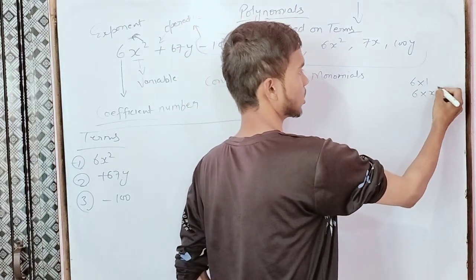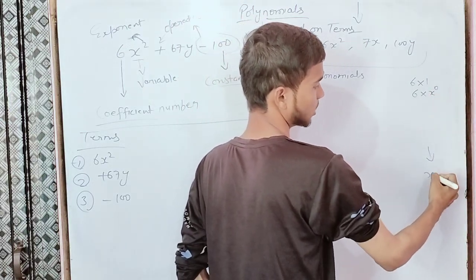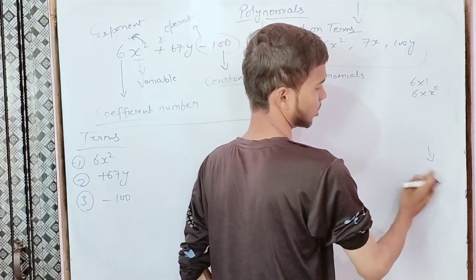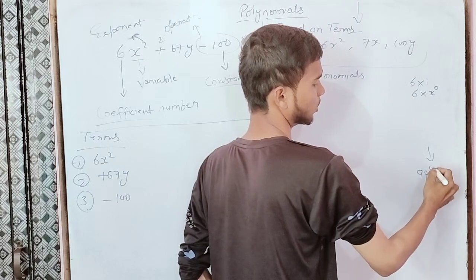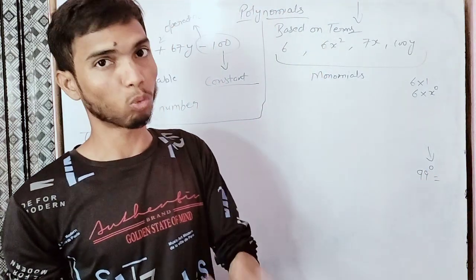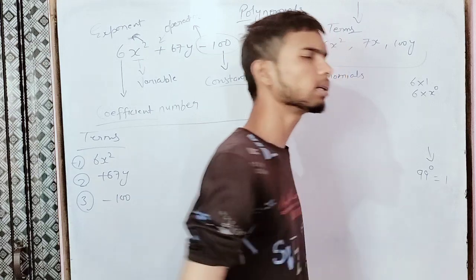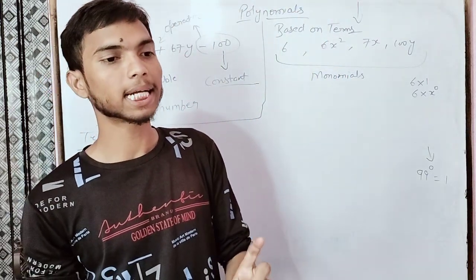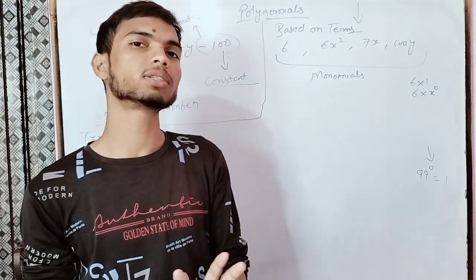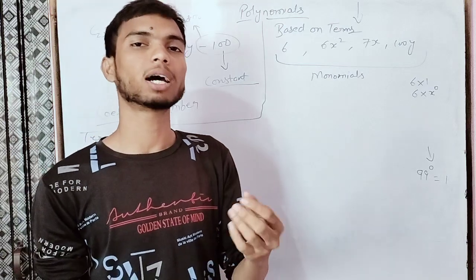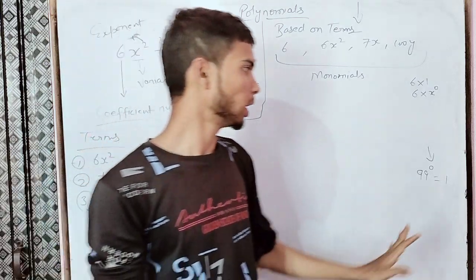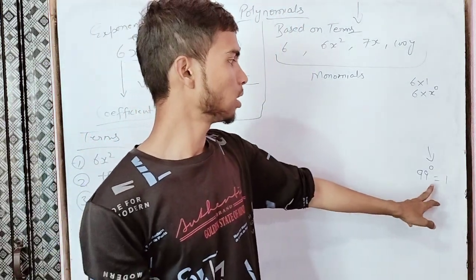Now 1 can be written as x raised to power 0. Of course, you already know 99 raised to power 0 would always be what? 1. Any number you take, and the exponent is 0, then the final answer would always be 1.